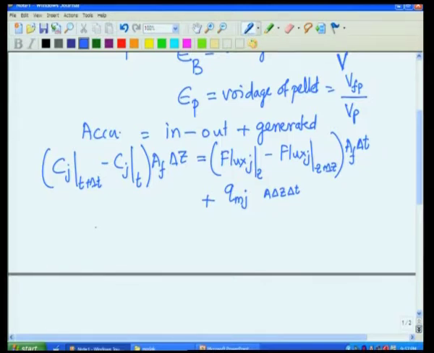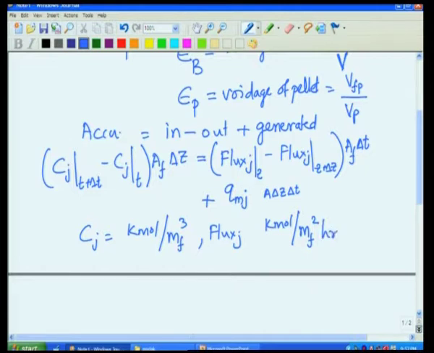Once again, Cj is, let us say, kilomole per meter cube of the fluid, and these units are important to keep in mind, because otherwise we will not have consistency of units for all the terms in our mass balance, and we are likely to make mistakes. Flux of J is again kilomole per, let us say, per hour, and again per fluid volume.